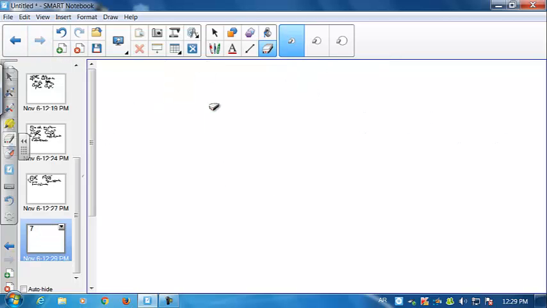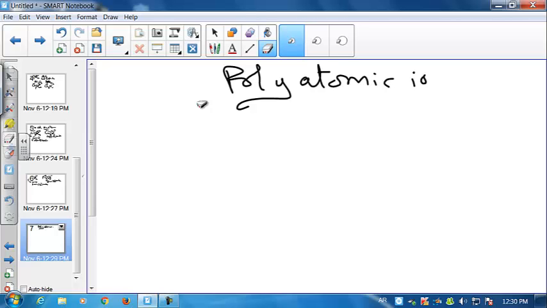Fine. What if the ion is polyatomic? Polyatomic, we are still in the ionic compounds. This is an ion, but it consists of more than 1 atom. But we deal with it as 1 unit with a net charge.